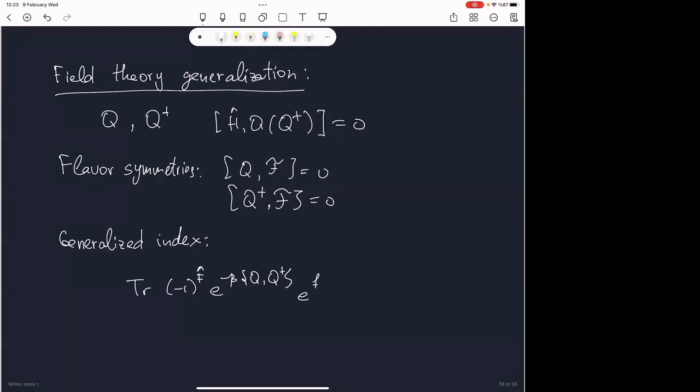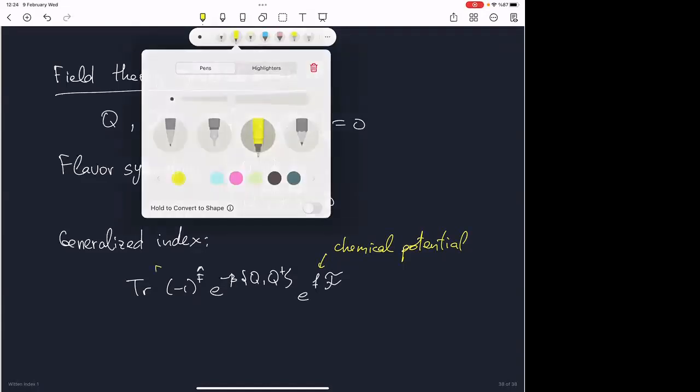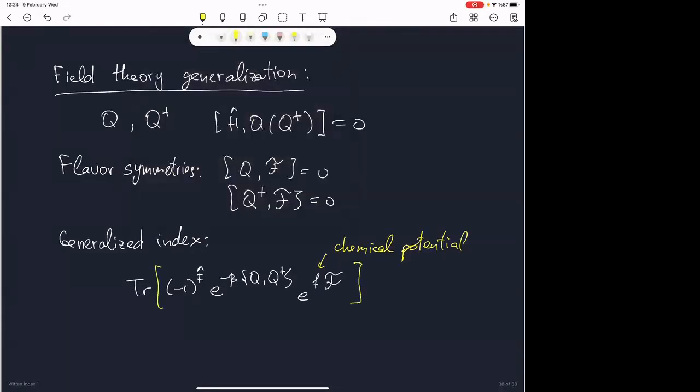This is just a chemical potential. Now what's the meaning of this generalized index? Why is it again an index?